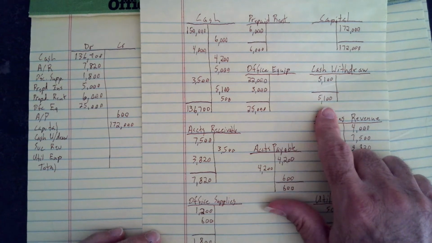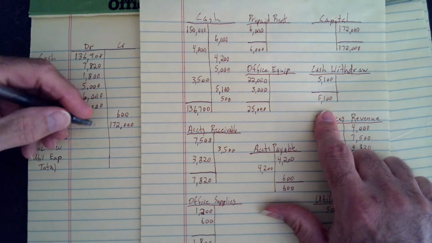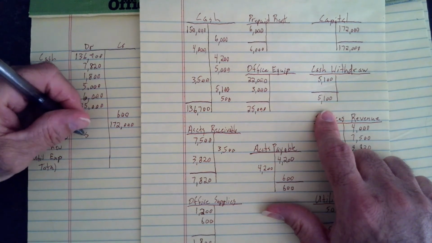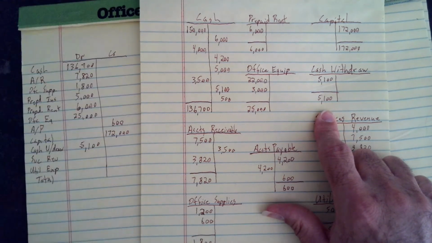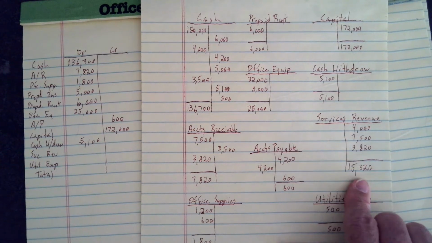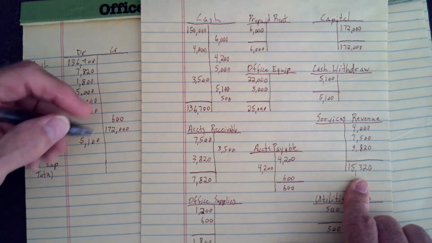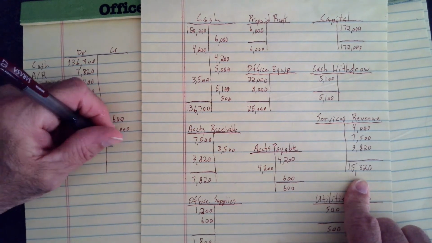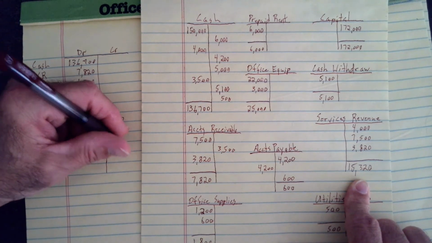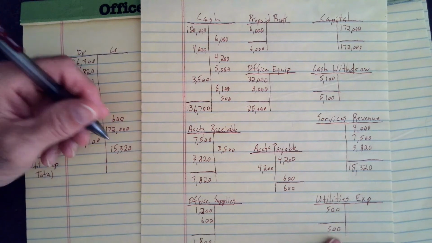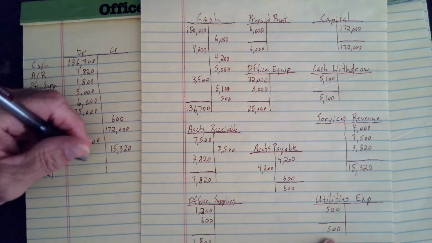My total for cash withdrawal, which is a debit of $5,100. Then I have a total for services revenue, credit $15,320. And totals for utilities expense, $500 debit.